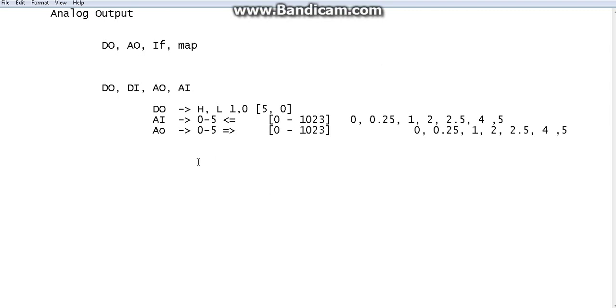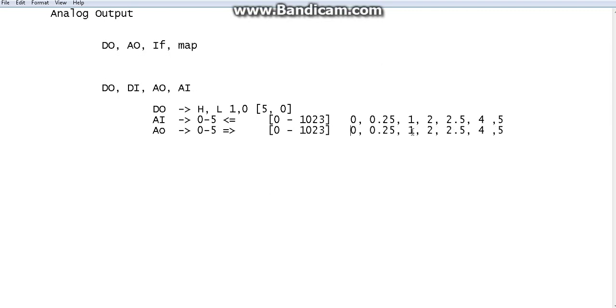So these numbers are holding some voltage values, right? If it is 511, it is 2.5 voltage. We looked at those things. If we are giving an analog number, the particular voltage will be given from the particular pin.